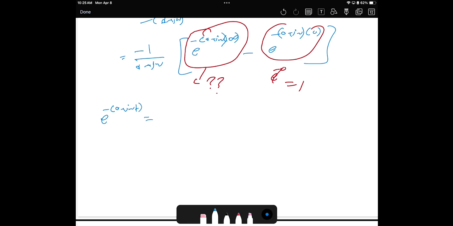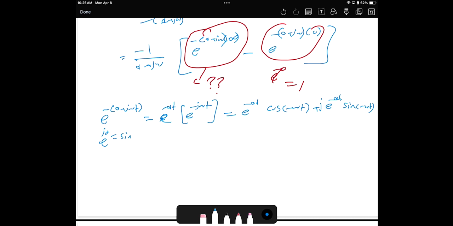This is e to the power negative a t times e to the power negative j omega t. I can apply Euler's formula, which gives e to the power negative a t cosine of omega t, minus j e to the power negative a t sine of omega t. You know e to the power j theta equals cosine theta plus j sine theta.